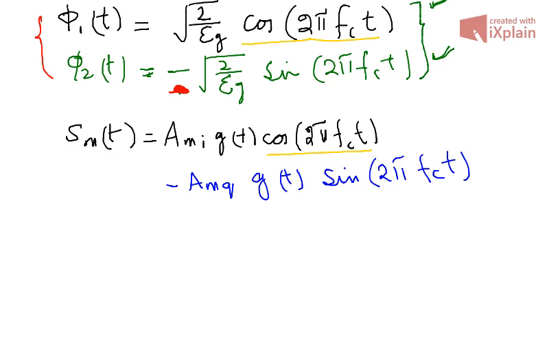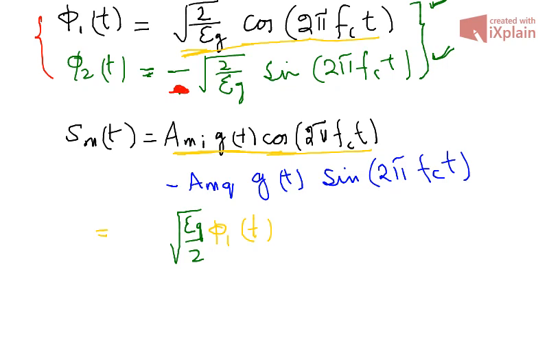So if you want to express this in terms of phi1, how can we do it? If I multiply phi1 of t with square root of Eg over 2, it will cancel out this part, the square root of 2 over Eg. I'll be left with the cos of 2 pi fct, which I need. g of t is also there.